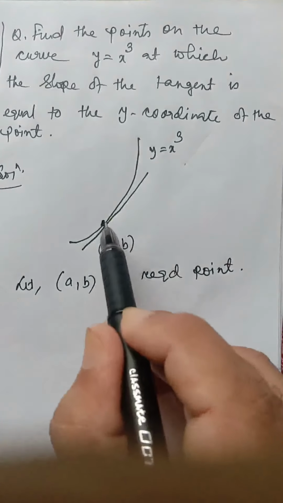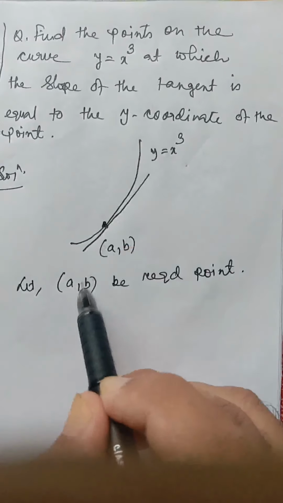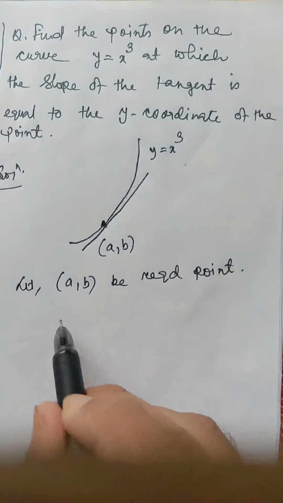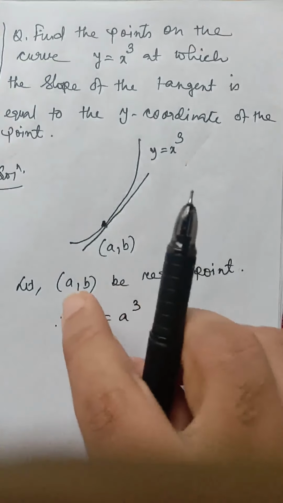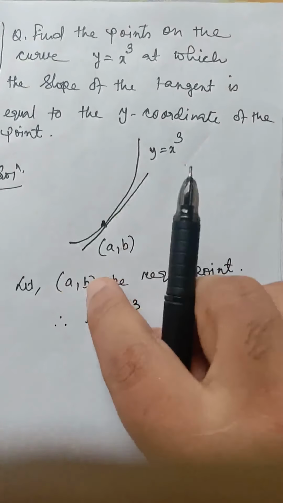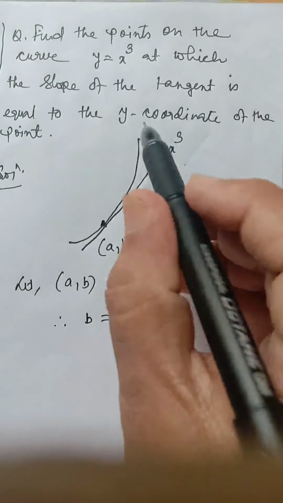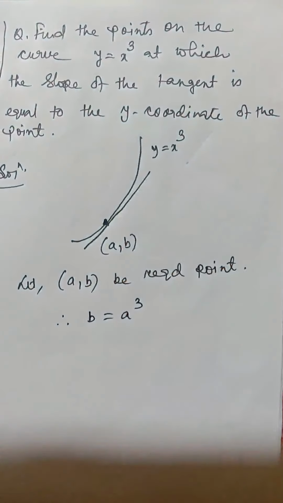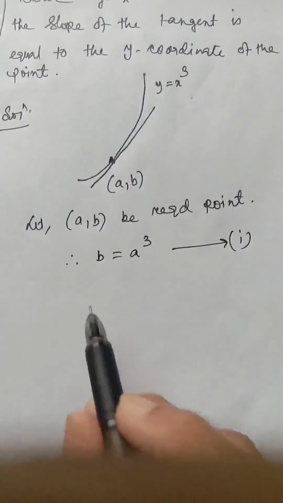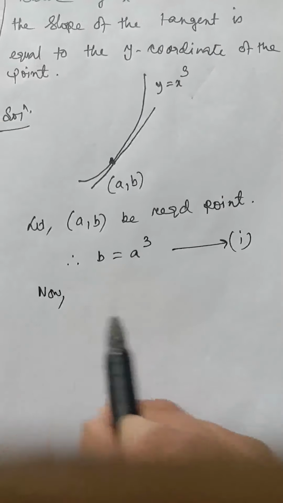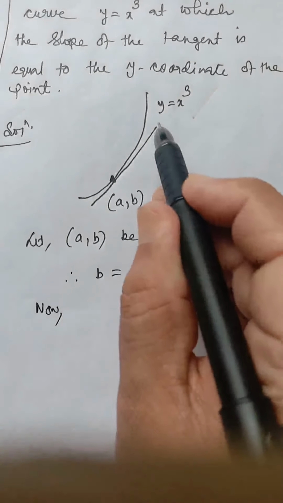Now as this point lies on the curve, it will satisfy the equation of the curve, and therefore b equal to a cube, putting x equal to a and y equal to b in the equation of the curve, which is y equal to x cube. So b equal to a cube. Now the second condition is the slope of this tangent.